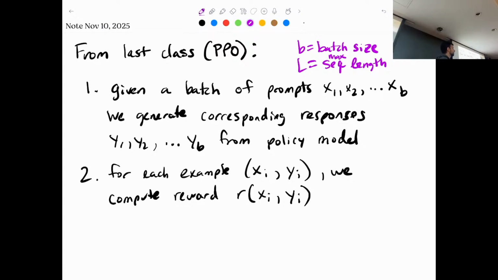We have our rewards, they come at the very end of the response. But then we have things like our policy ratio, our KL divergence. These are computed at the token level. And so it might be a little bit confusing to see all these equations where things with different shapes are getting subtracted or combined with each other. So I want to emphasize what these shapes actually look like, which I'll do in a bit.